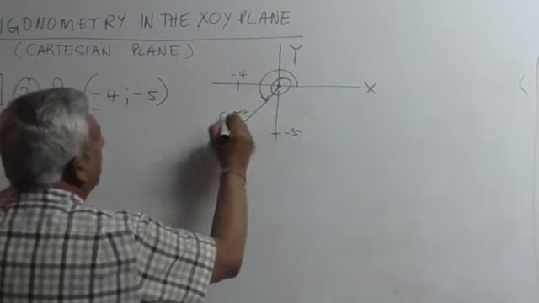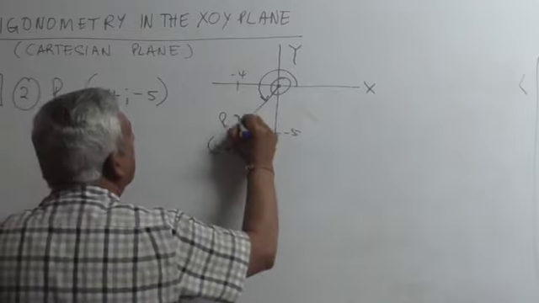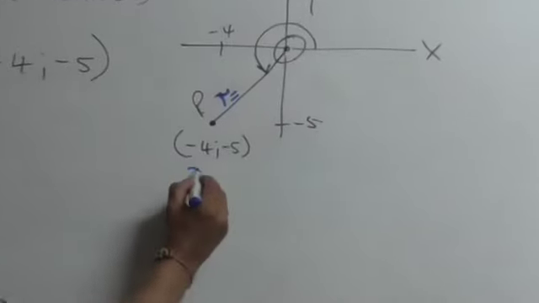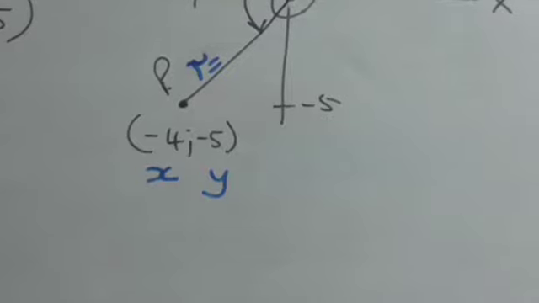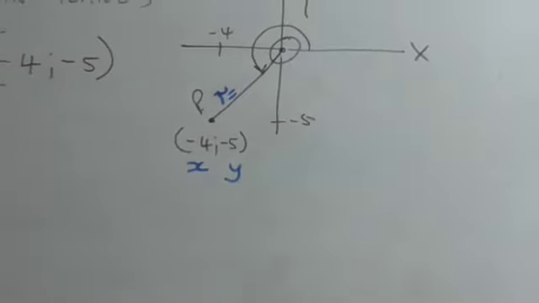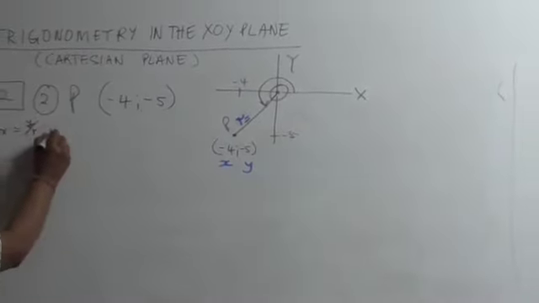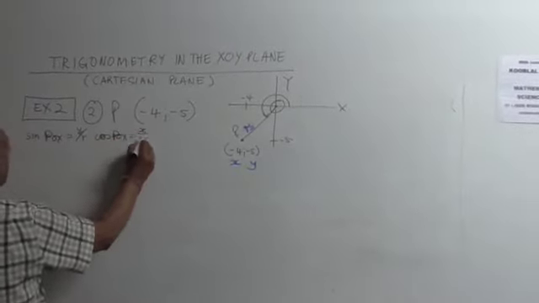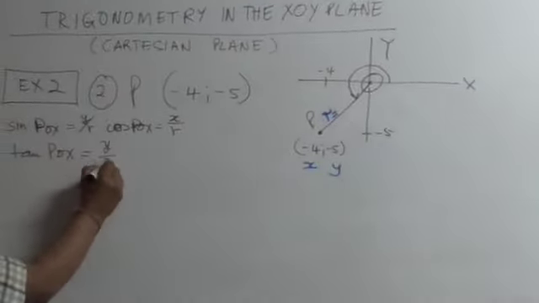And once again we have R, but we don't know what R is; we have to calculate it. We've got our X, we've got our Y, but we don't have R. Because this is in the XOY plane, or Cartesian plane, we're going to say sine of the angle is equal to y over r, cos is equal to x over r, and tan is equal to y over x.